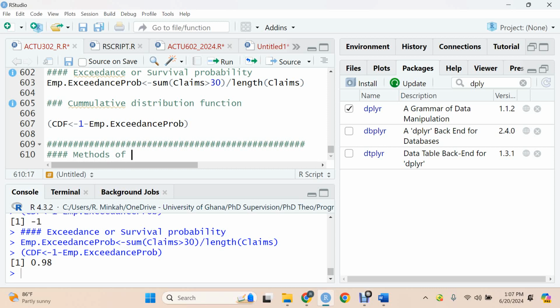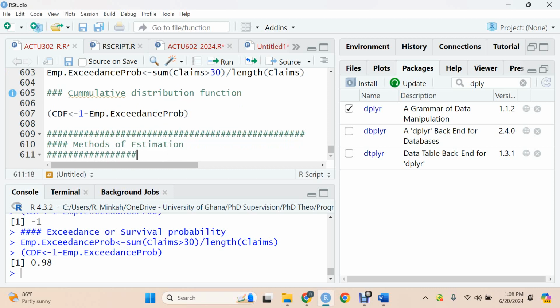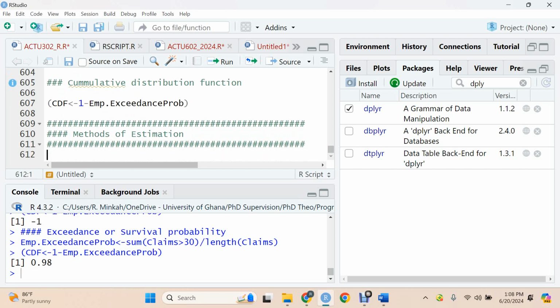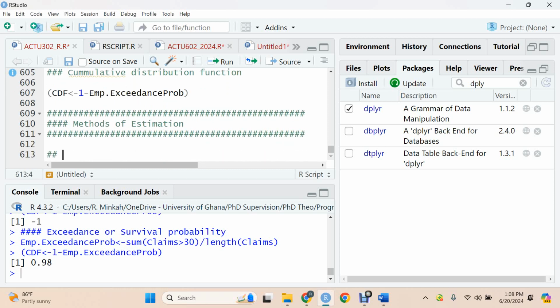So, methods of estimation. Now, remember that in 333, you talked about method of moments, right?